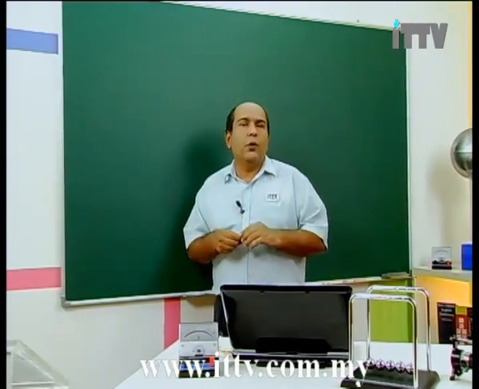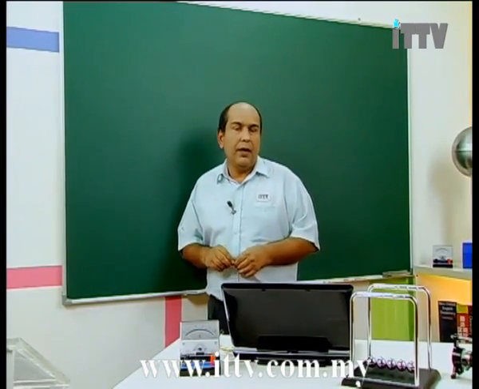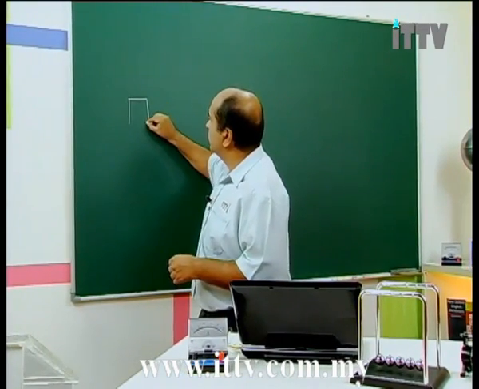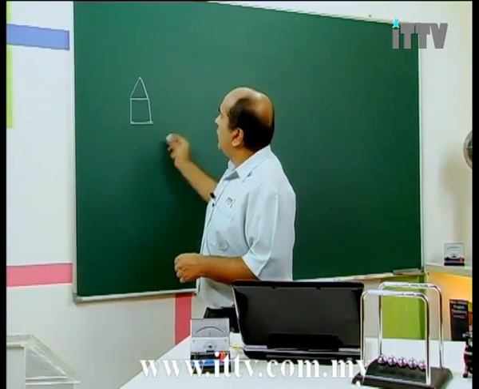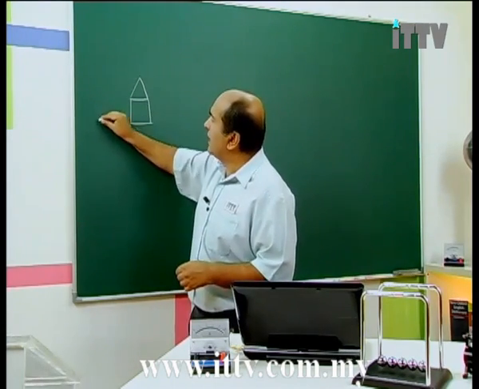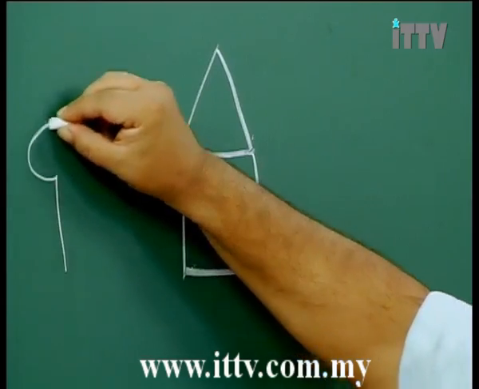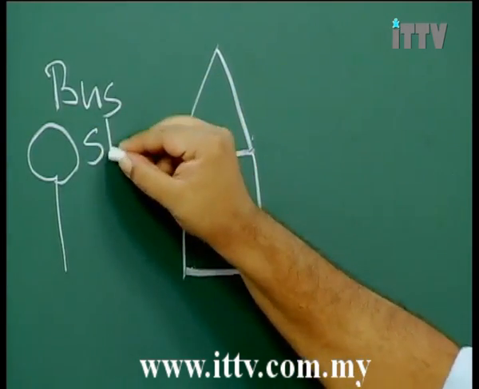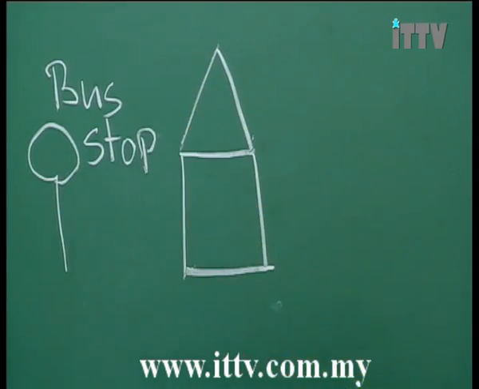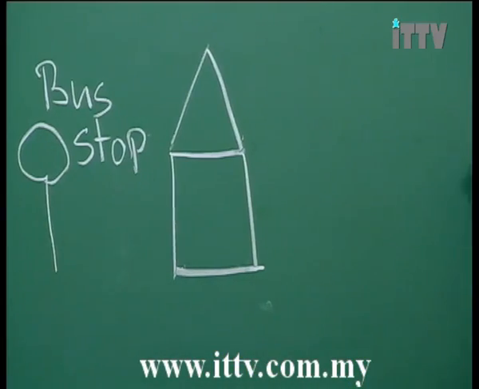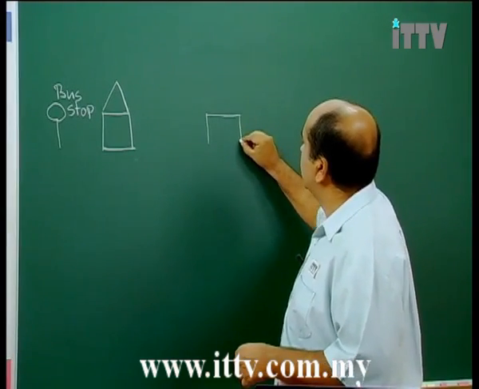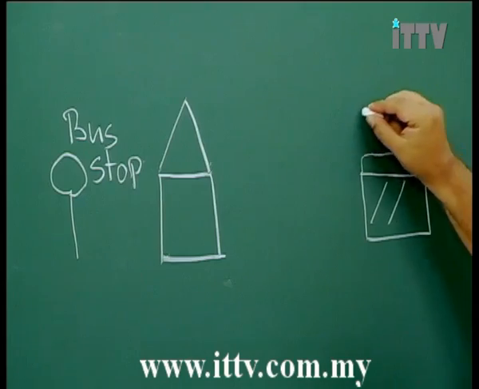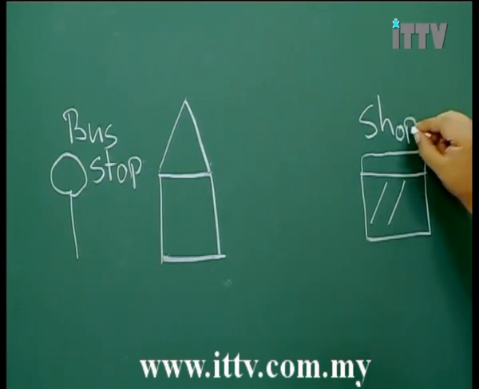First, let's take a situation. Let's say that we have a house over here. From the house, over on the left-hand side, let's say that there is a bus stop. And then over on this side, let's say that there is a provision shop.